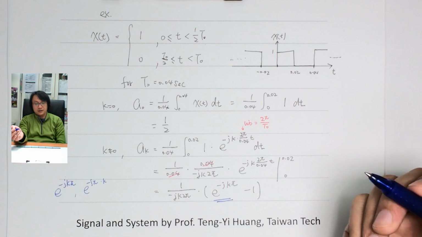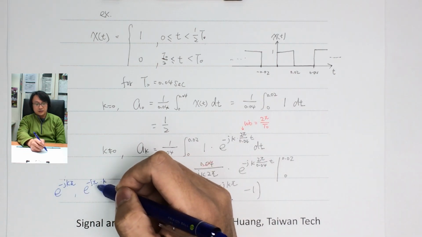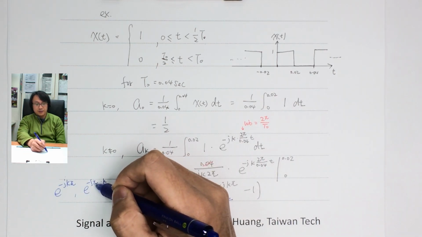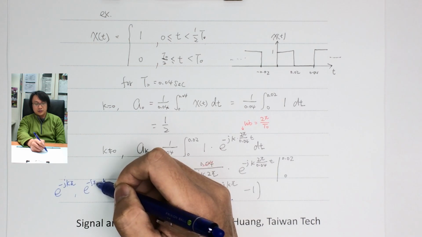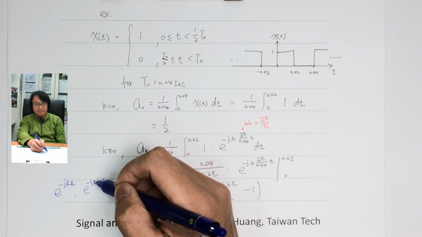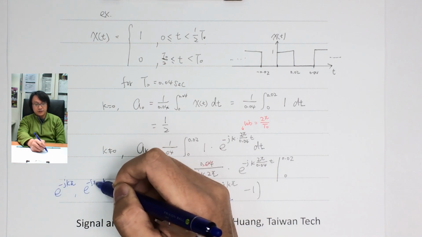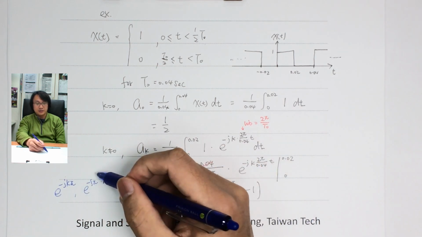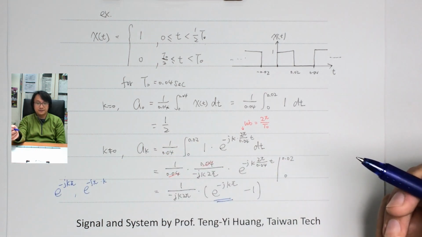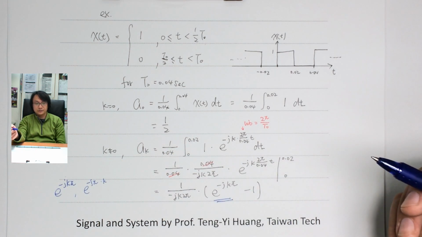It's easier since e to the power of negative j pi equals negative 1. You can treat this as negative 1 to the power of k.